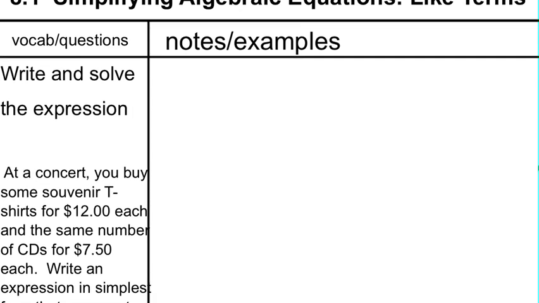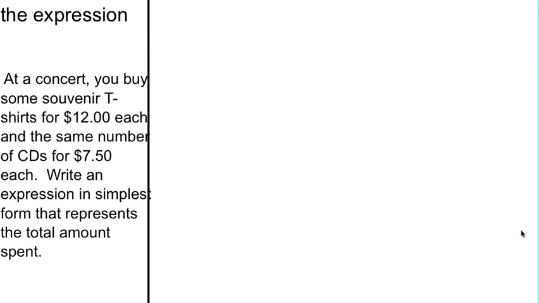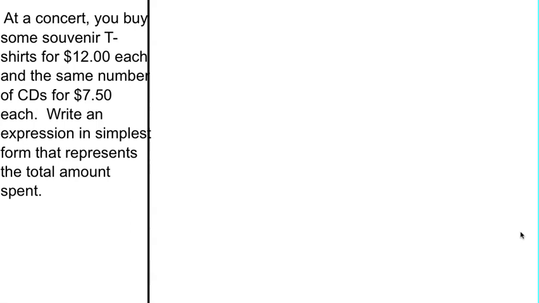At a concert, you buy some souvenir t-shirts for $12 each and the same number of CDs for $7.50. Write an expression in simplest form that represents the total amount of money spent. So I know I had t-shirts and I know that I had CDs.